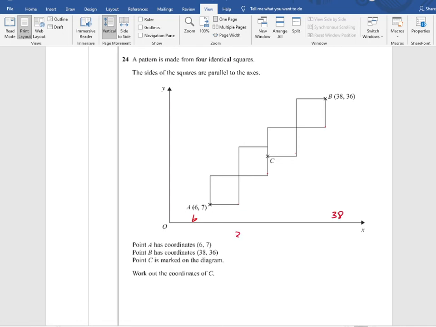So 38 minus 6 equals 32. And this is halfway, so the X is going to be equal to 16. So that's going to be 16 there. Now, what about the Y? Because this is halfway down here, isn't it?